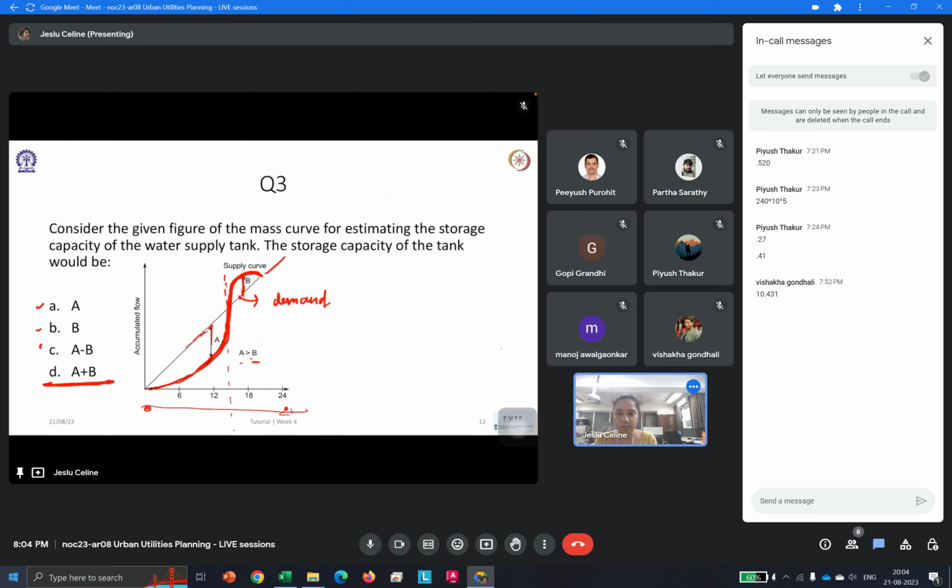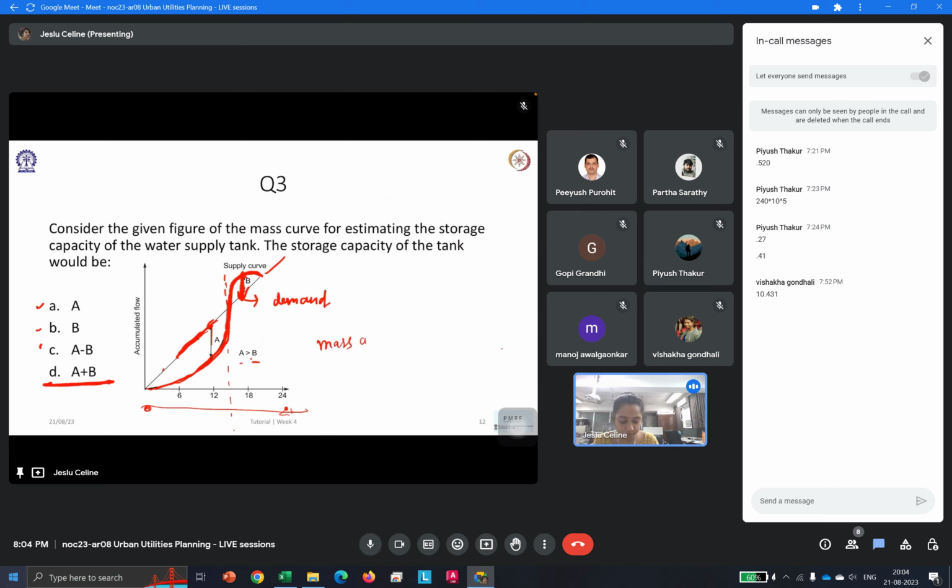So at some point, we need to store the excess water which is there, in this case in B, and that also needs to be stored. And we also need to store the amount of water which is not pumped at that point. So the demand is higher in this case, and when the demand is higher, for that also we need water. This is the mass curve method actually.